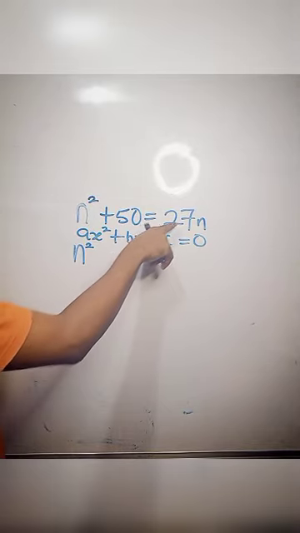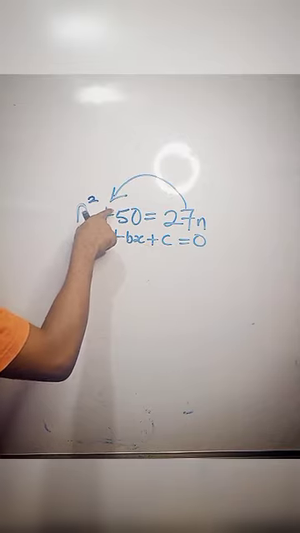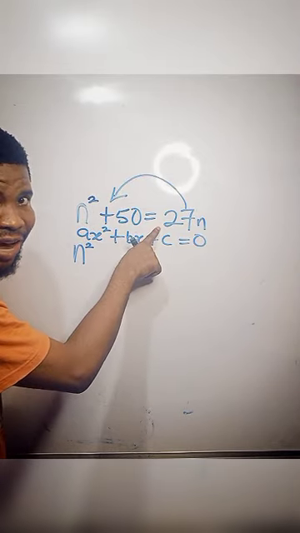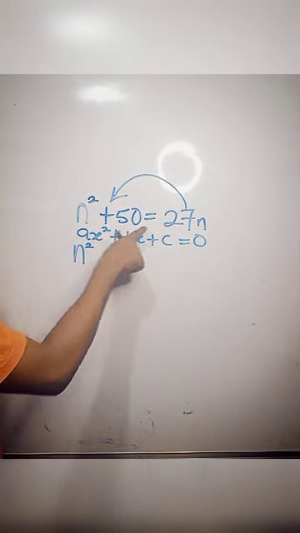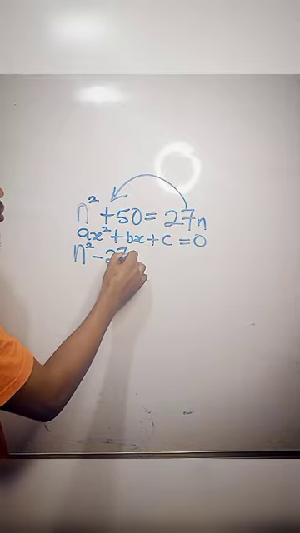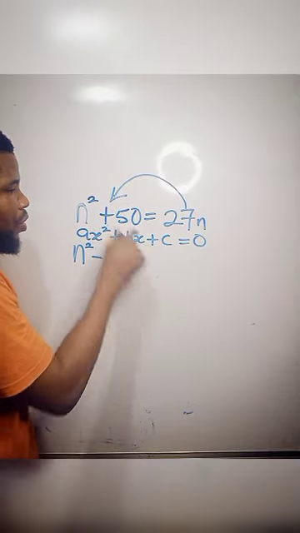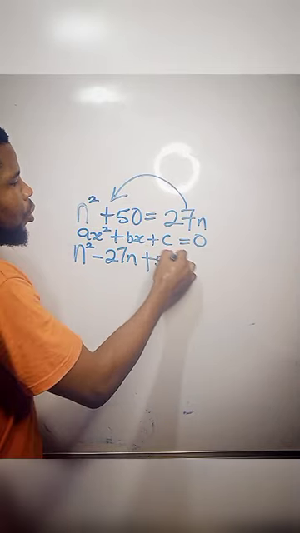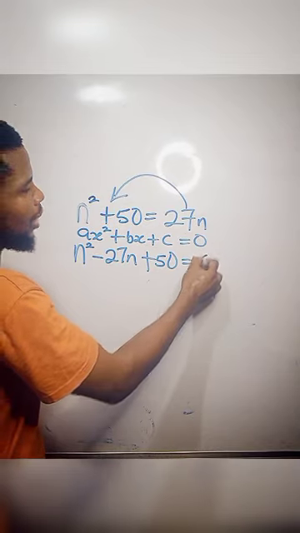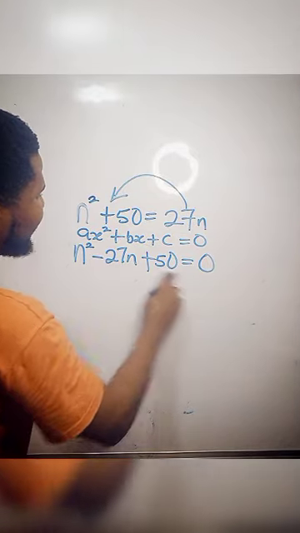If I have to move 27n so that it comes here, this is plus 27n, then it has to be minus 27n. You understand that? Now, I still have plus 50. At the other side there's nothing, so that is equal to 0. So this is what I have now.